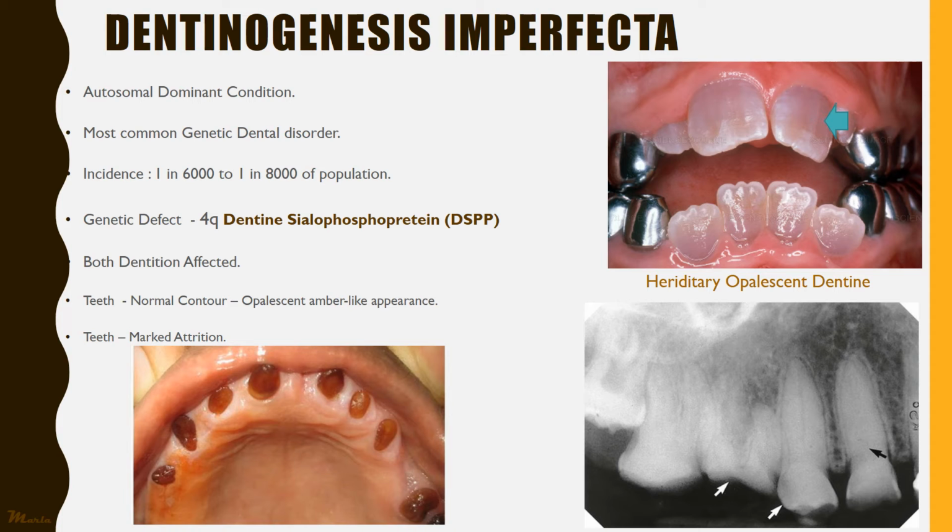Because the physical properties of the dentin formed in such anomalies are poor, it leads to early loss of enamel, resulting in marked attrition of teeth, as seen in this image. So the presence of opalescent dentin, obliteration of pulp chambers, and marked attrition of teeth are three characteristic clinical findings associated with dentinogenesis imperfecta.